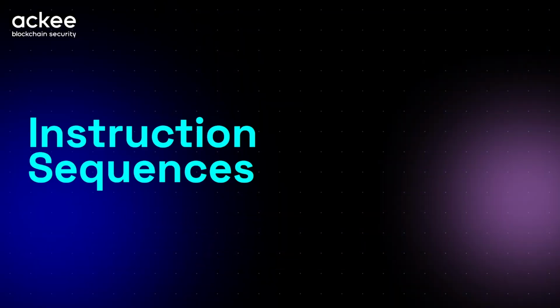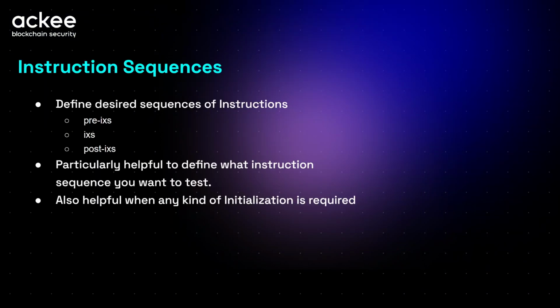The second feature is instruction sequences. In the previous part, we were working with completely random instruction sequences. So let's say your Solana program contains 5 instructions. Then the instruction sequence, when not defined, is completely random.